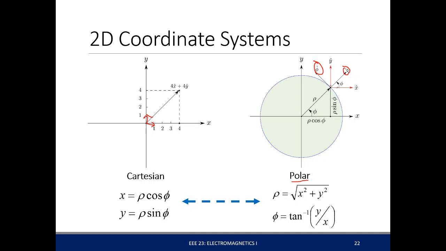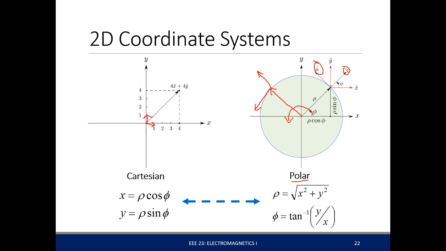Rho hat is the direction of the vector that is radially outward from a circle along the xy plane. Radially outward. So if you have a rho that is defined by this vector right here, then the value of rho, or the vector rho hat, actually changes. So does the vector phi hat, which instead of radially outward, is tangent to the circle, and it rotates counterclockwise.